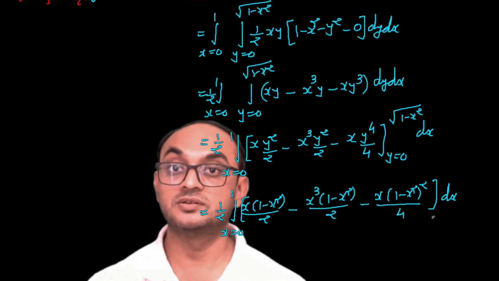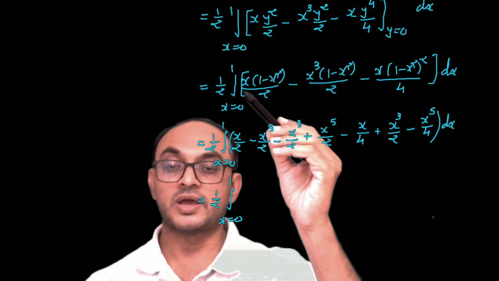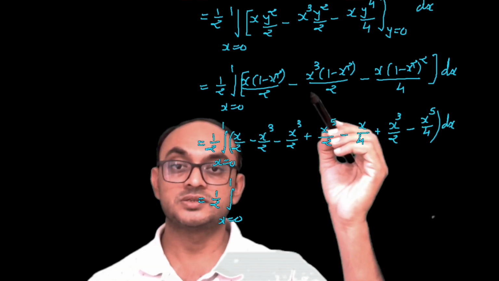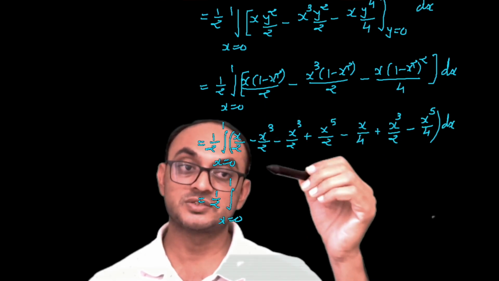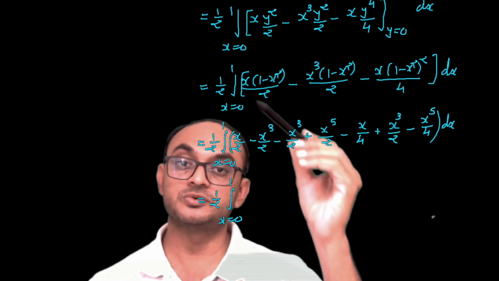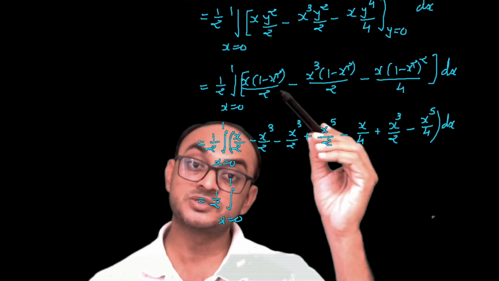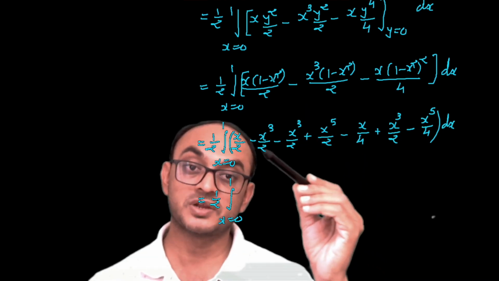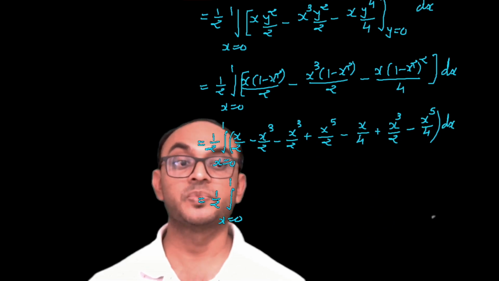Let us expand the large quantity. So x into 1, which is x, so x by 2, x into minus x square, so minus x cube by 2. Now this is minus sign, so minus x cube by 2, then minus minus plus, x cube into x square is x raised to 5 divided by 2, so which is plus x raised to 5 divided by 2.